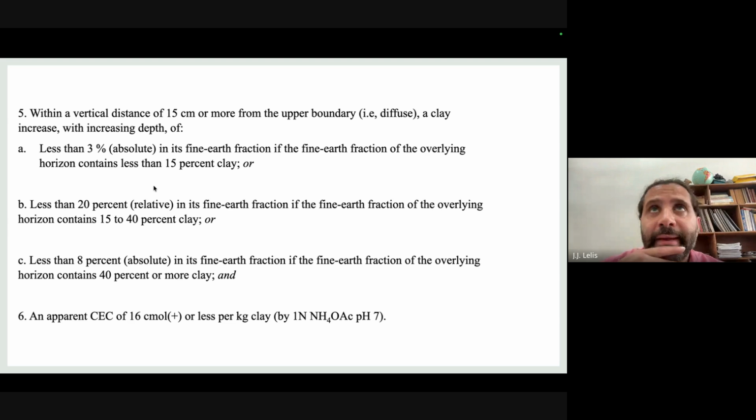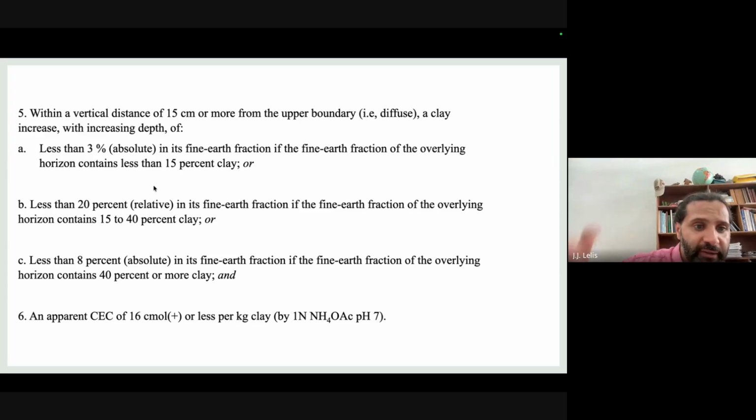So let's say the A horizon registers only 12% of clay, the B horizon should register 12, 13, 14, but not 15, okay? Because the clay content of the B horizon should be less than 3% more in this case, okay?